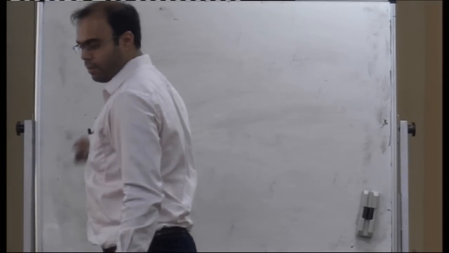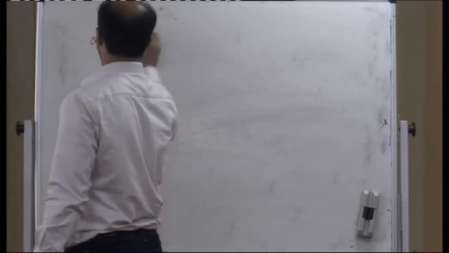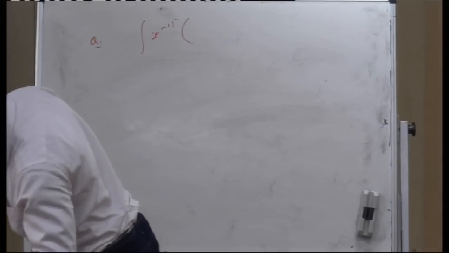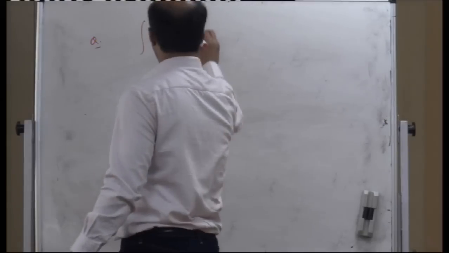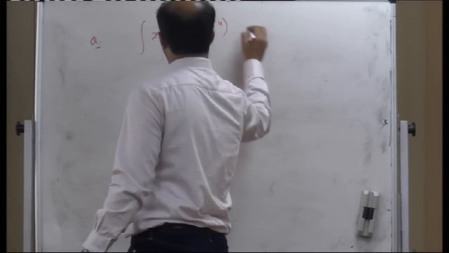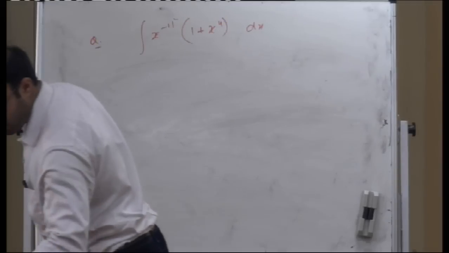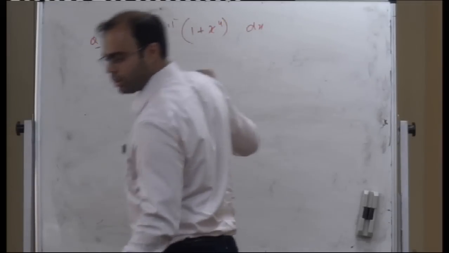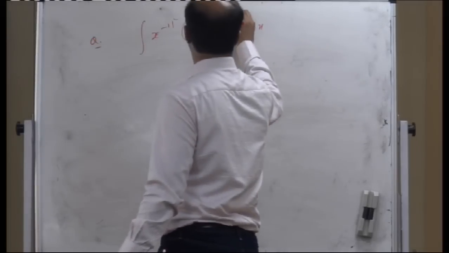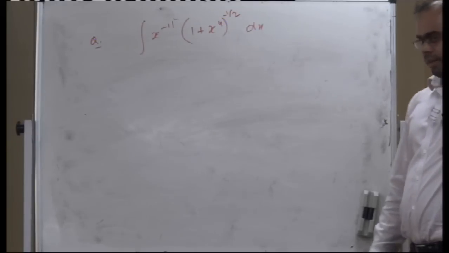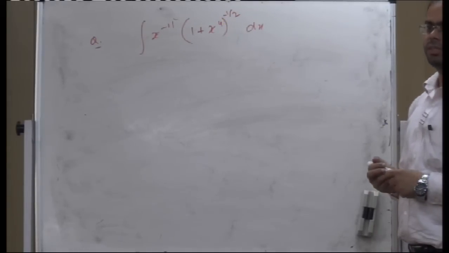The integral of x to the power minus 11, 1 plus x to the power 4 dx, whole to the power minus 1 by 2. Now here it is quite difficult to think about the proper substitution.